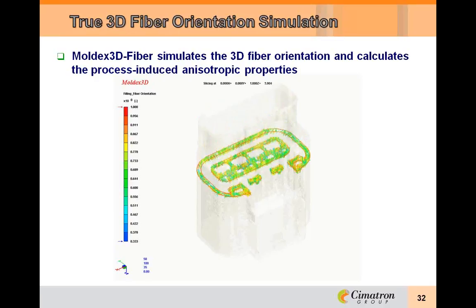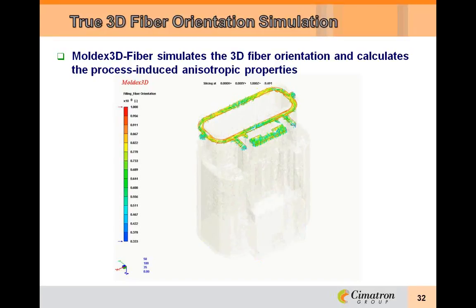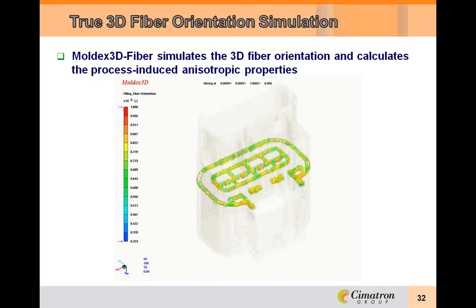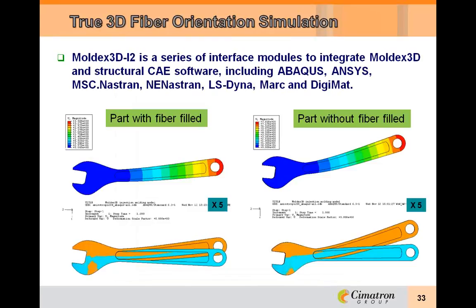Here again, we see dynamic sectioning of the part in order to better understand the fiber orientation. Here we can see the type of influence that fiber has when producing this part.